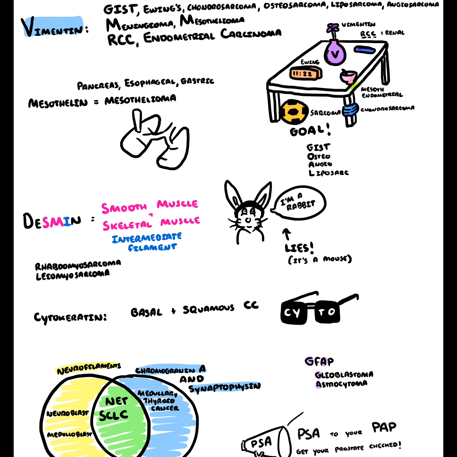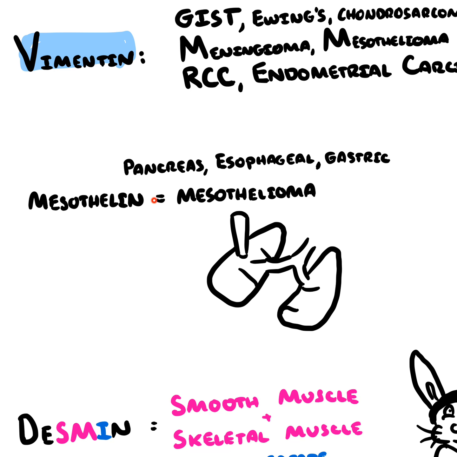Okay, so now just as a side note, there's another marker for mesothelioma, and that's, wait for it, mesothelin. So that's pretty obvious that's for mesothelioma, but there's a few other things that are associated with mesothelin, and that would be pancreas, esophageal, and gastric.